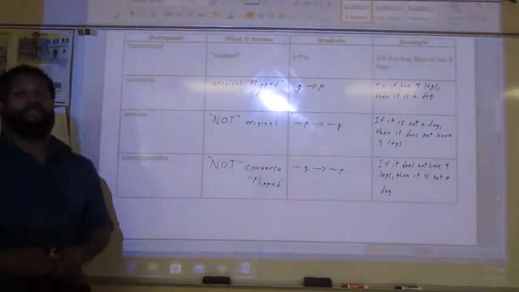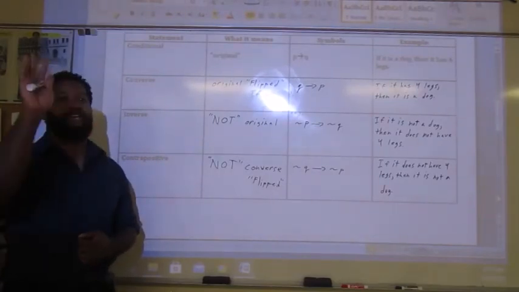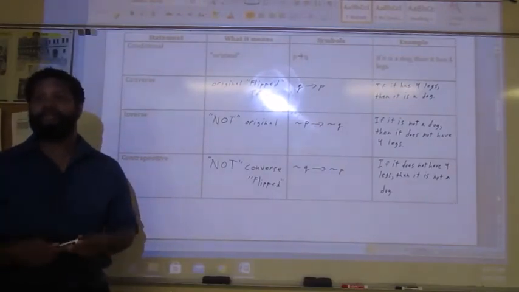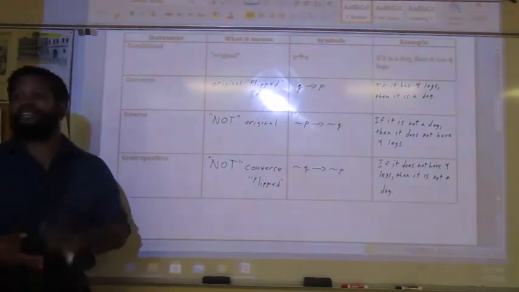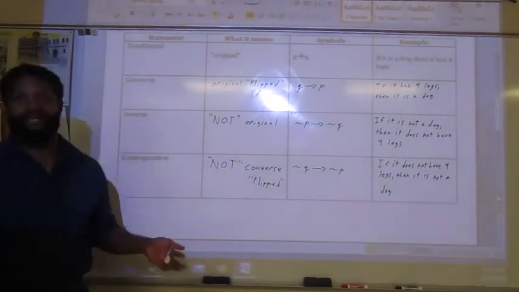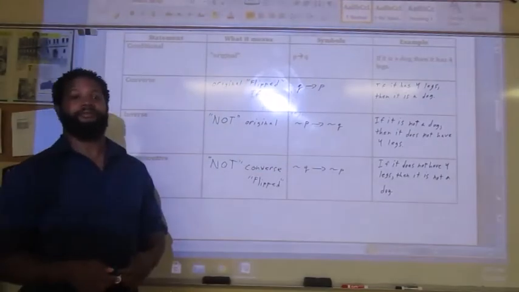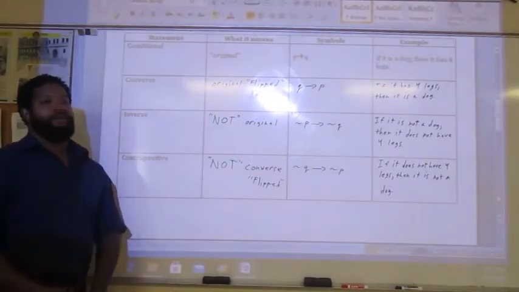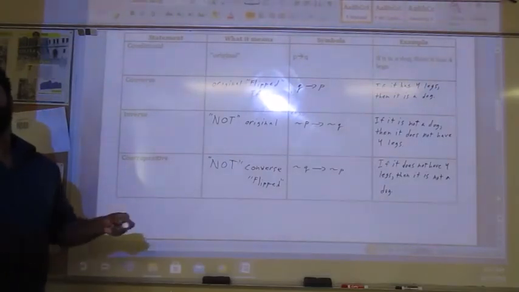So we can rule out that it's not a dog. It's a three-legged dog. It's definitely not an elephant, cat, giraffe, whatever. Anything with 4 legs. So, is this statement true? Yes, okay? So basically, the middle 2 are false, and then the top and the bottom are true.